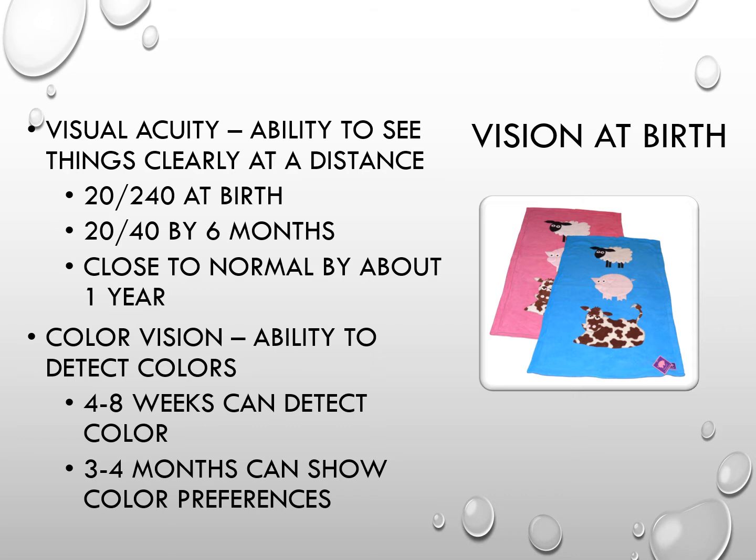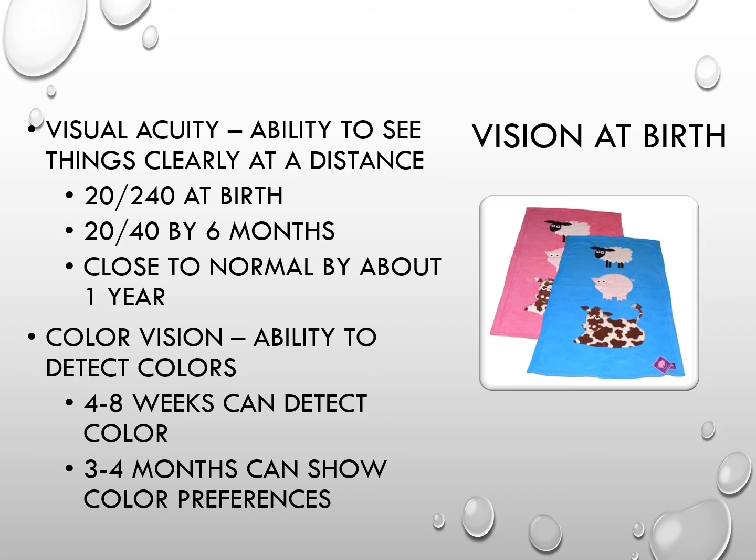Therefore, it's really difficult for us to develop a lot of the fine-tuned visual skills, even if everything is intact. So when we're born, our visual acuity, our ability to see things clearly, especially at distances, is really crummy. In fact, when trying to measure the visual acuity of children at birth, most researchers estimate we probably have something like 20/240 vision.